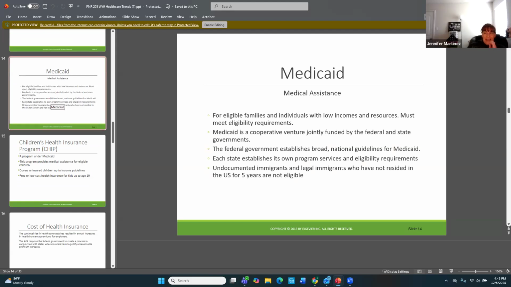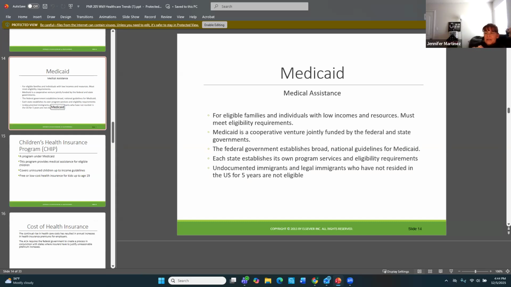Then we have Medicaid. It's still run by the Centers for Medicare and Medicaid Services. It was also added to the Social Security Act back in 1965. This program provides medical assistance for eligible families and individuals with low income and resources.